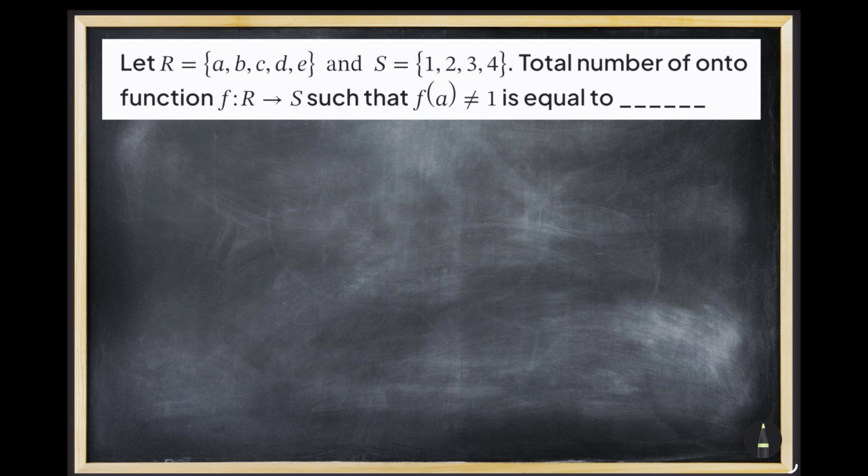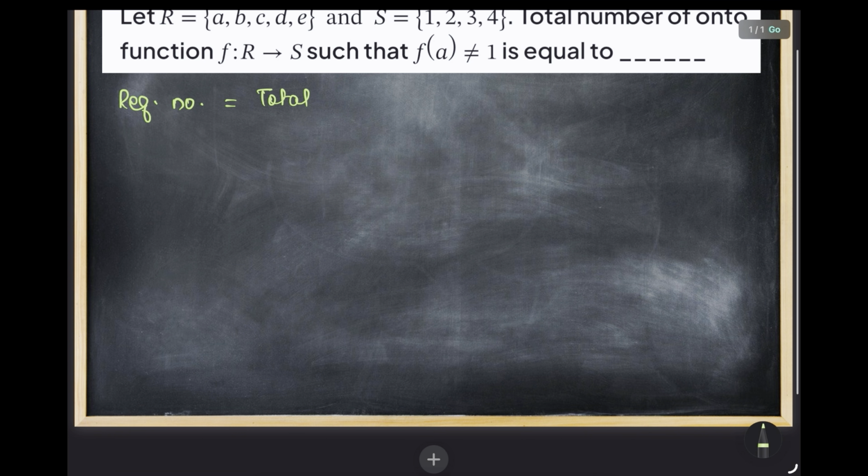This is very crucial. You can solve this by using so many cases, like a will be connected with 2, a will be connected with 3, a will be connected with 4. Or else look at this idea. I feel that first, find the total number of onto functions without restriction.